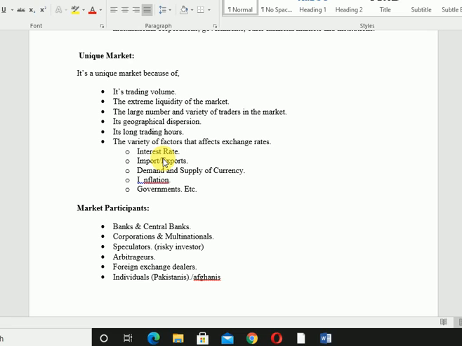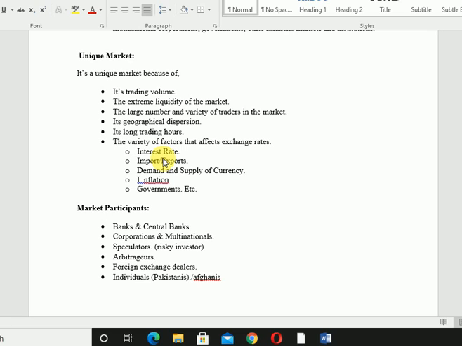When the imports of a country are high and exports are less, those countries keep the exchange rate low. Like Afghanistan, if we compare Afghanistan with Iran or China. Here, this is an import country, so they will keep their exchange rate tight.